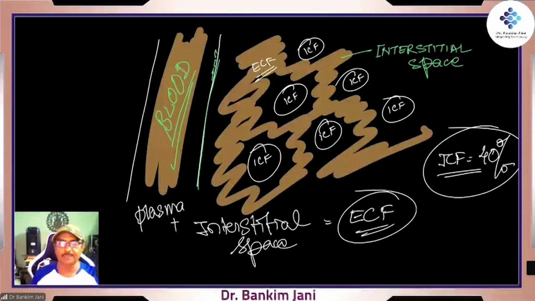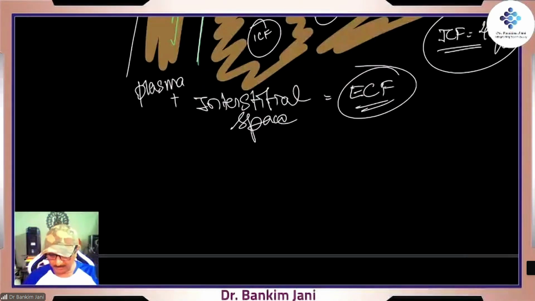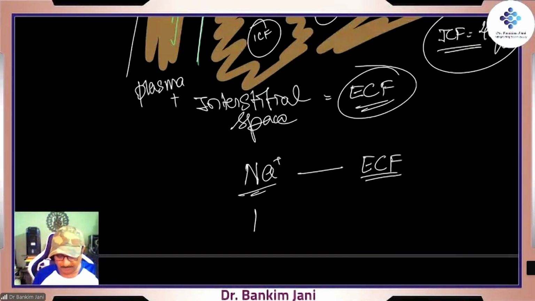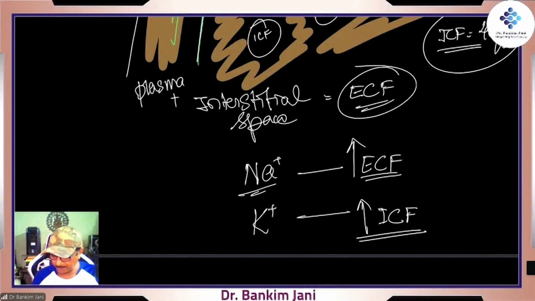Cells ही इतने सारे हैं. So when you combine all the cells, this is what really happens. So in other words, when we are talking about sodium, this sodium is more in ECF. When we talk about potassium, the potassium is more in ICF with respect to the opposite side. Okay? So when we remember that sodium is more in extracellular fluid, obviously it is less in intracellular. Barabar?